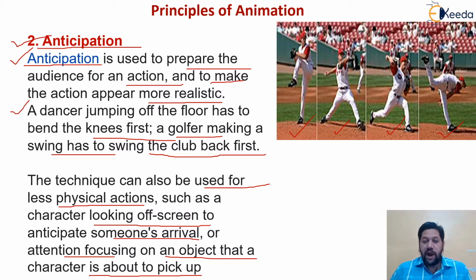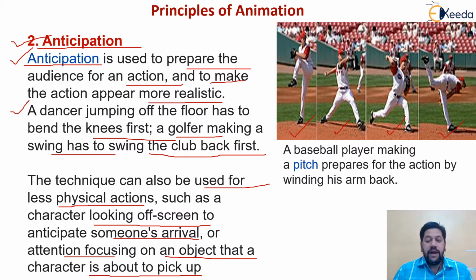Here you can find the golfer before throwing, and I think part of his leg is up. That will help the end user feel that now he is going to throw the ball. So whatever we show in this frame indicates anticipation. The same thing is written here.